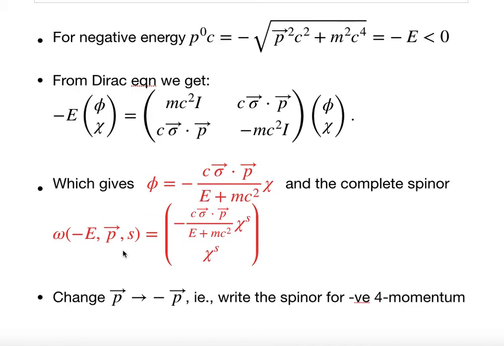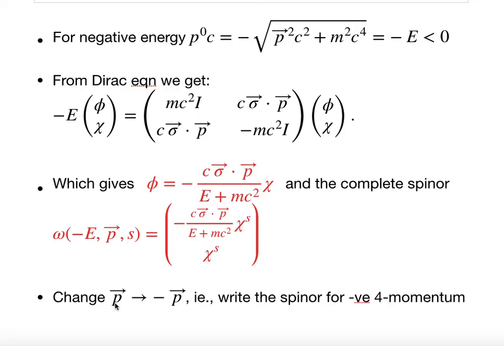And then I write this omega with minus E and vector P, the momentum P, and this spin index S like this. Now what you do is you change the direction of this momentum also, this 3-momentum.